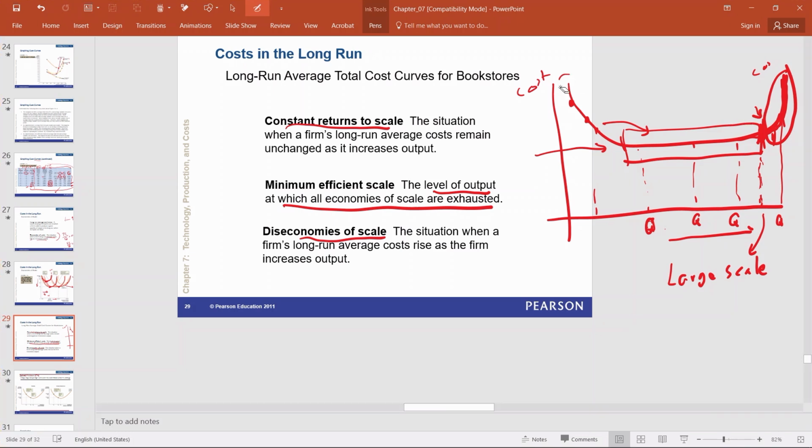But this part is economies of scale. Why? Because as you increase Q, your cost decreases. If you compare this to this, you will find that Q here has lower cost than Q here. So this part is economies of scale, this is constant scale economies, and this is diseconomies of scale.